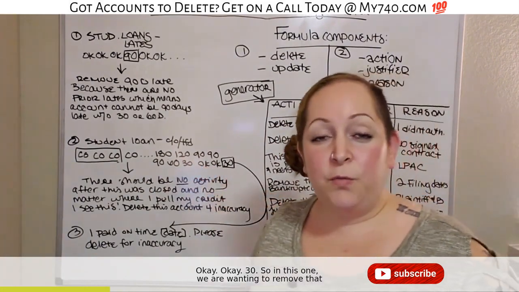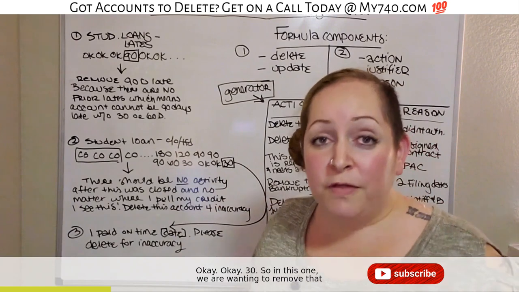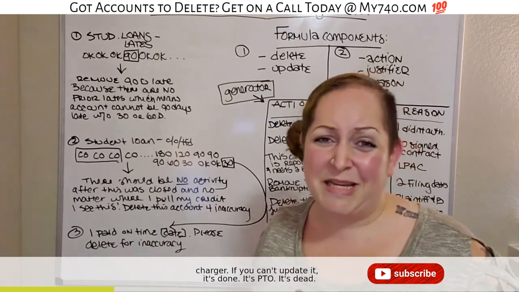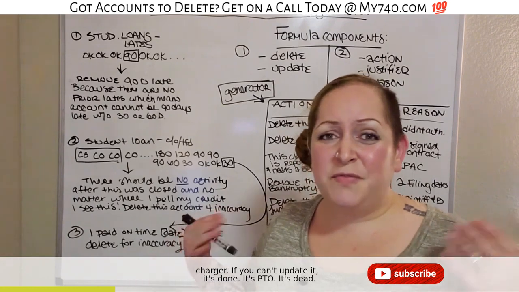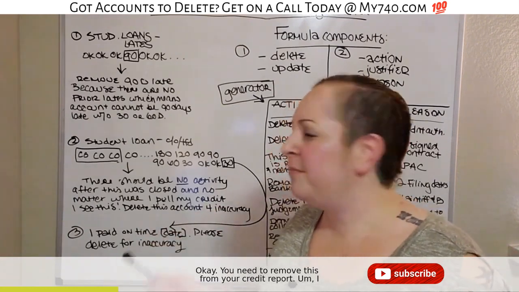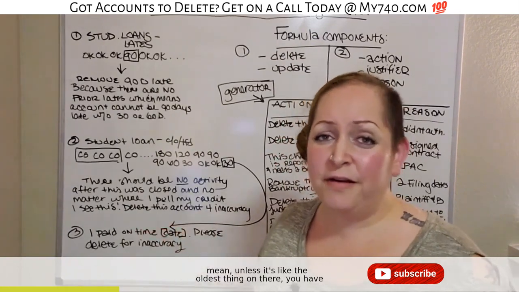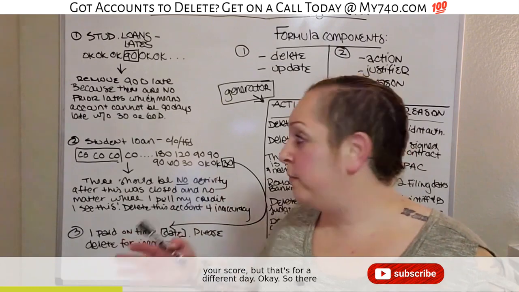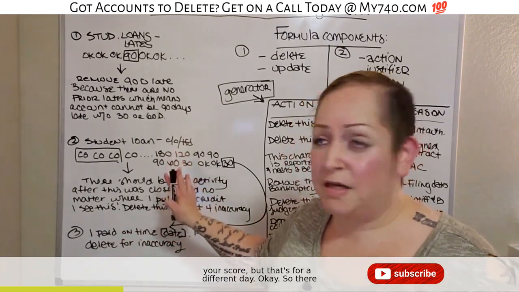So in this one, we are wanting to remove that account because there's nothing that you could do with the charge. If you can't update it, it's done, it's finito, it's dead, okay? You need to remove this from your credit report. Unless it's like the oldest thing on there, you have no other positive history, and then it's just going to drop your score, but that's for a different day.